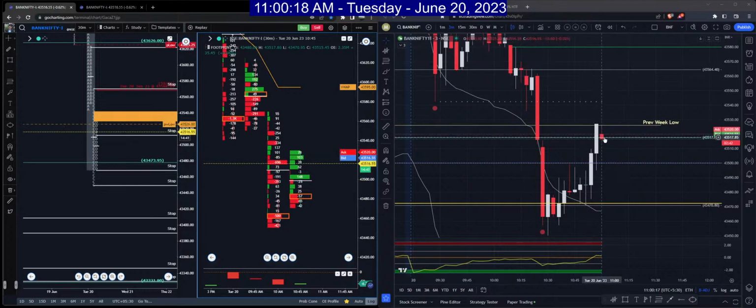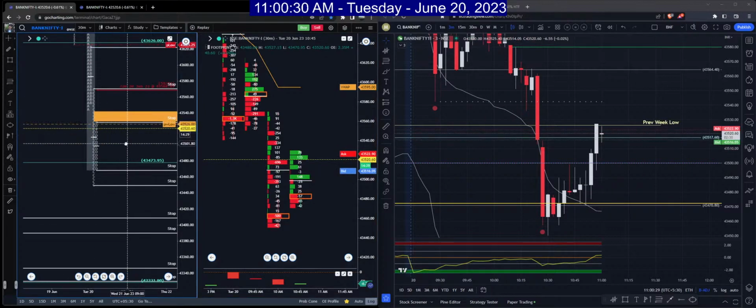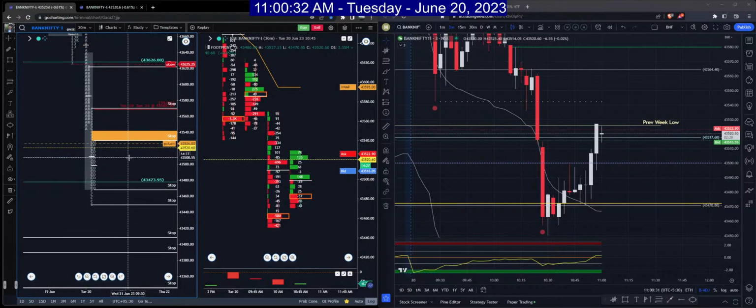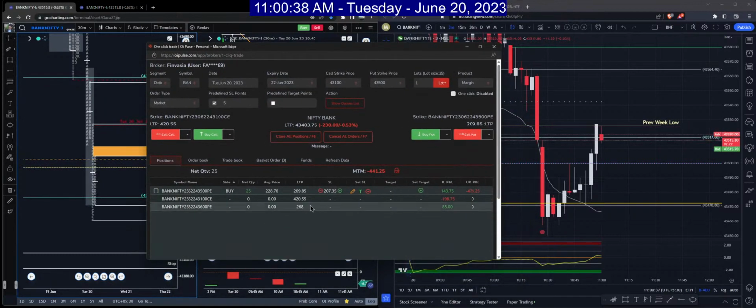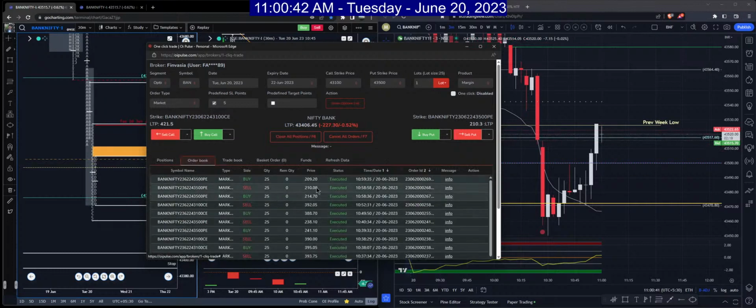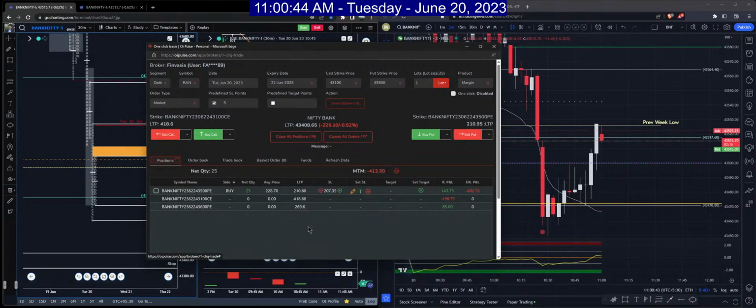Okay, so I'm waiting for this supply to come here and take the price lower. Okay, so this is the trade. This is the LTP and this is my SL. I bought it at 209.2.